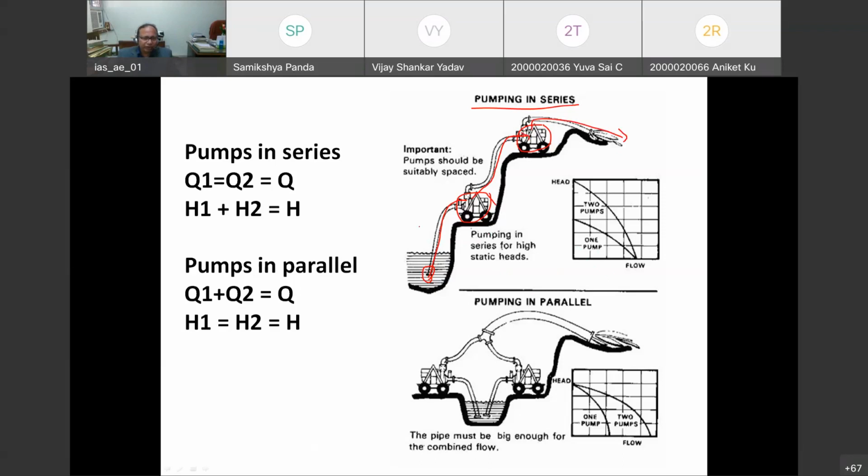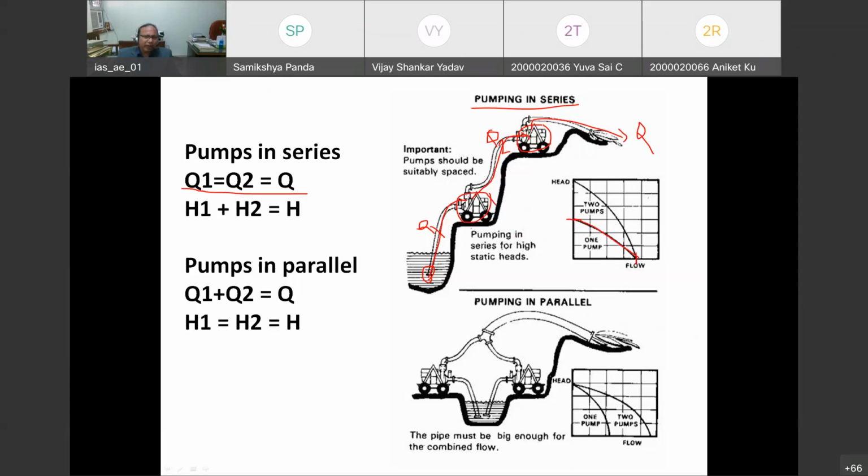So whatsoever discharge Q there is here, let's say Q1 is the discharge here, the same discharge will come to the suction of this pump. So this will be Q2, and you can say that Q1 will be equal to Q2 and Q. On the basis of this diagram, one pump provides the head up to this point.